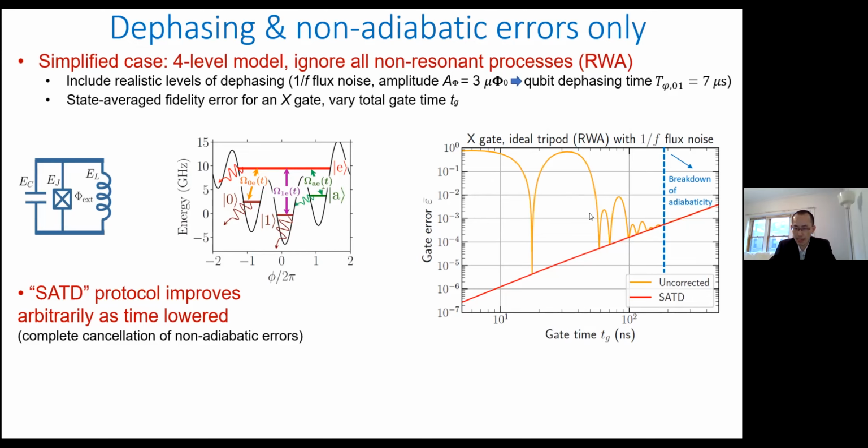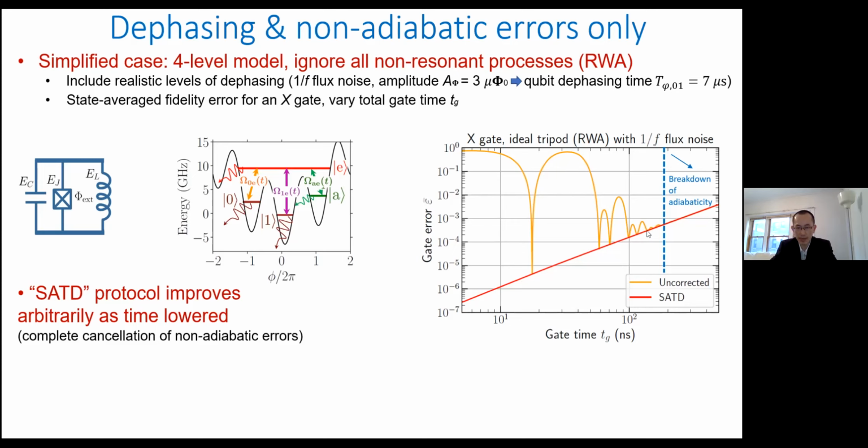The orange curve is the gate error that you get if you use the adiabatic pulse without any SATD corrections, which works perfectly fine in the long gate time limit, or in the adiabatic regime. Not surprisingly, as you go to a shorter and shorter gate time, or you do your gate faster and faster, there will be non-adiabatic errors that degrade your gate performance.